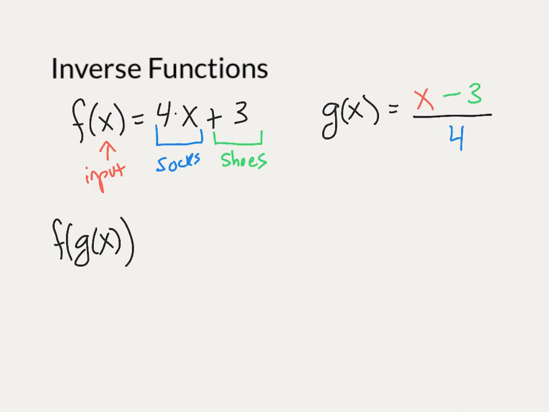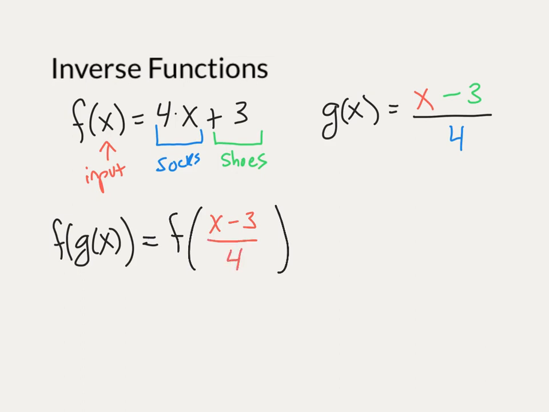In order to verify that, we have to look at our formulas for function composition. The first thing we're going to do is look at g of x, and I'm going to replace this g of x with the formula, which is given above. So we have f of whatever g of x is, and it turns out that that's x minus 3 over 4.